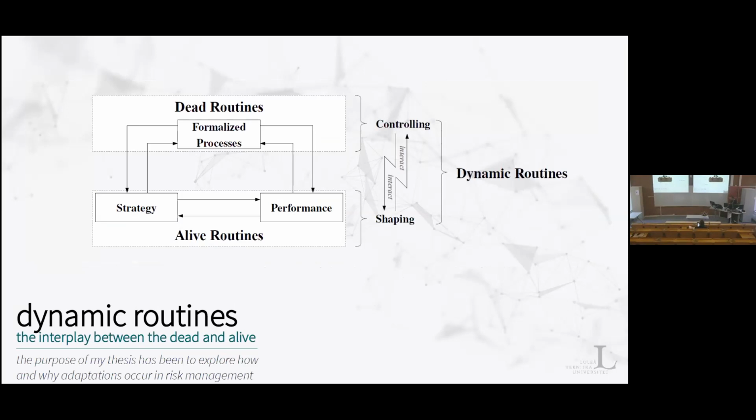Dead routines are the formalized processes. They serve to control what to do with instructions. This is how you do it, but also inspire how we can implement it. Alive routines, on the other hand, is situated in practice. This refers to us as humans, how we interpret these instructions and how we translate that into actions, actually performing them.